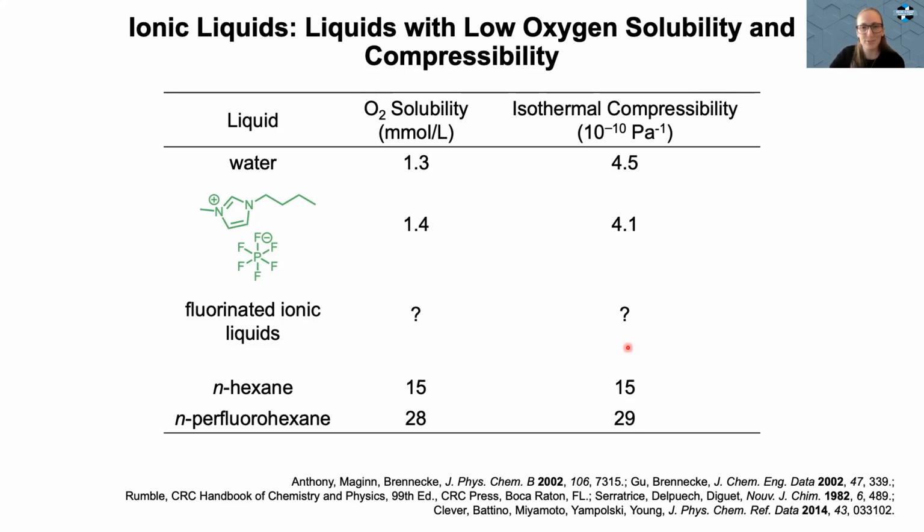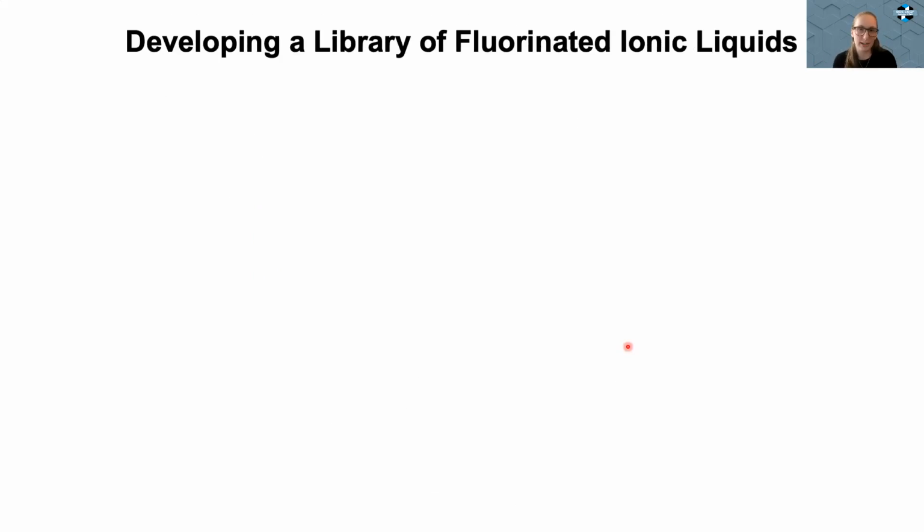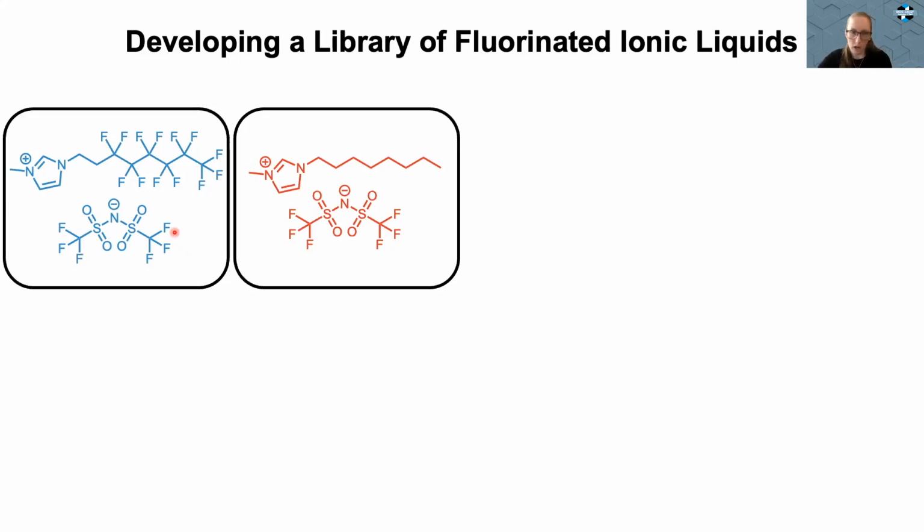In order to do this, we need to develop a library of fluorinated ionic liquids and some pairs in order to try to tease out things about structure and degree of fluorination. The first pair, which I'll talk about a lot more in the future, is this pair, which is exactly analogous except for the high degree of fluorination in this blue structure.